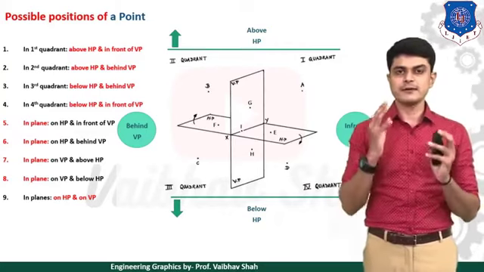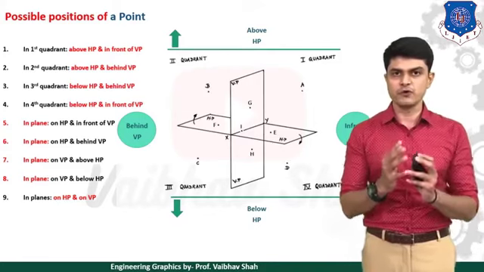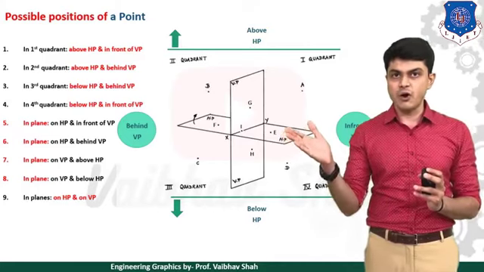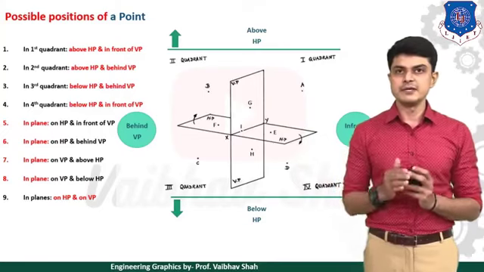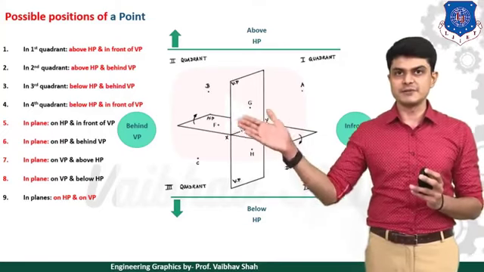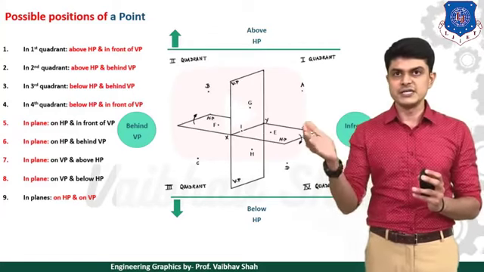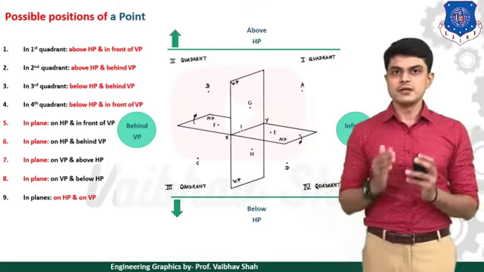Now let us define another 4 points, starting with point E. Point E is on HP and in front of VP. Then point F is on HP but behind VP. Then point G is on VP but above HP.